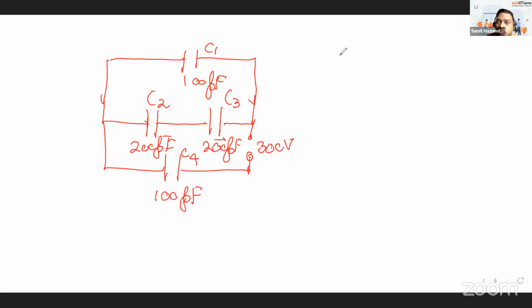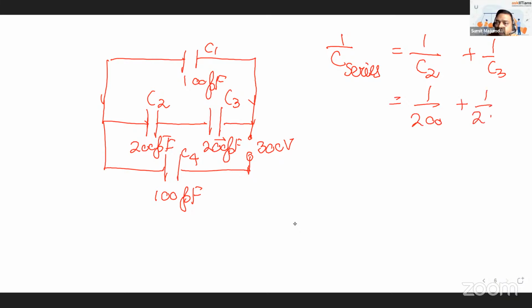So let's try to find out the C series part. 1 by C series will be equal to 1 by C2 plus 1 by C3, right? So from here, we'll get 1 by 200 plus 1 by 200. I'm not taking the units as of now. This becomes 2 by 200 or 1 by 100. So C series, I can say, is equal to 100 picofarad.